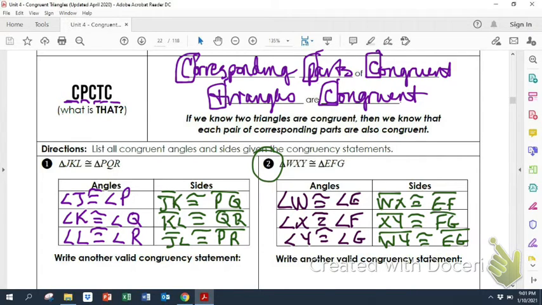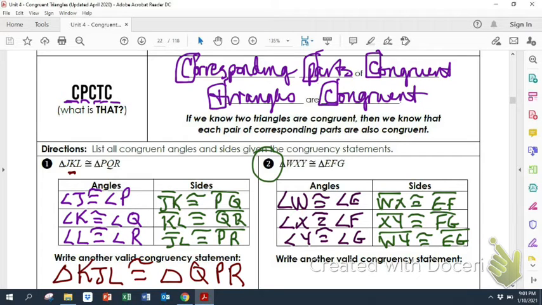We could say triangle KJL, and notice I just rearranged the letters, is congruent to triangle QPR. And all I did was K was in the middle, so I did that one first, then I did J, then I did L. So then for my next one, I took Q, which was in the middle position, and I put that first, followed by P that was in the first position, and then R.